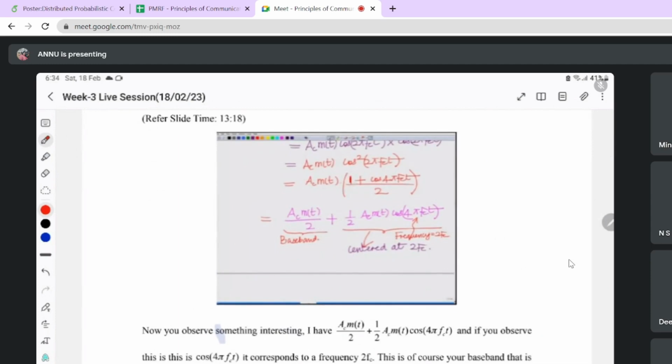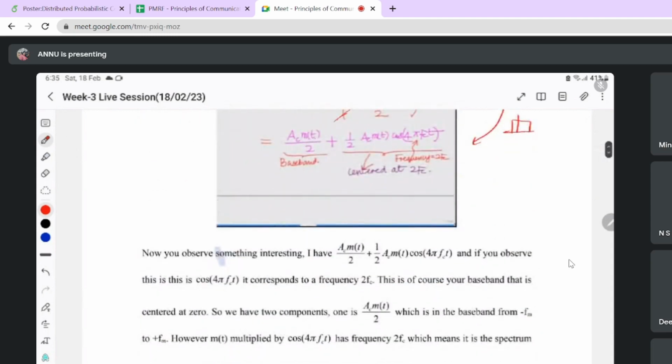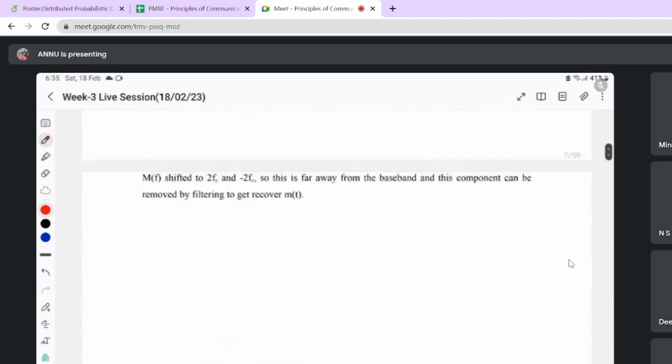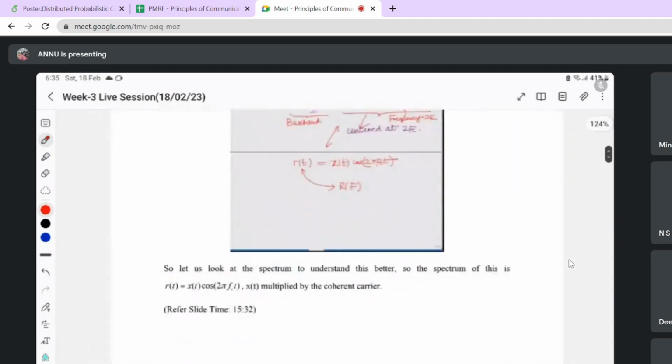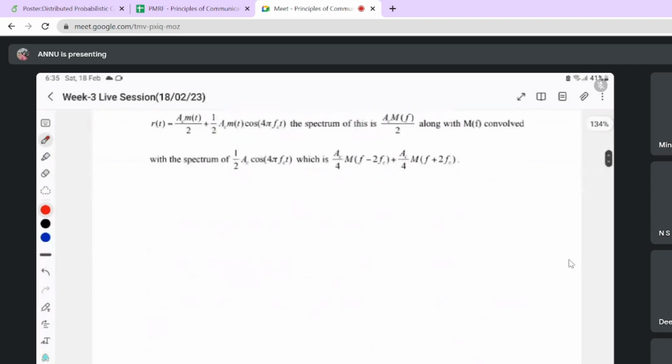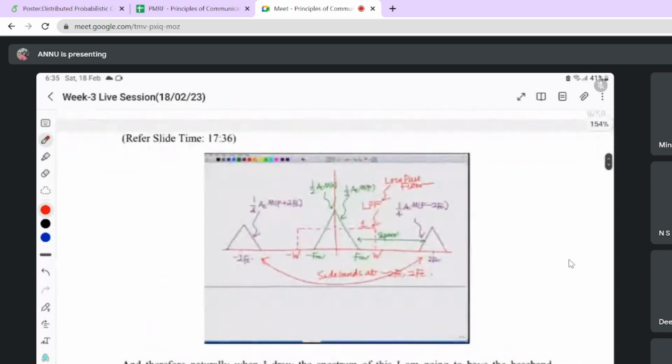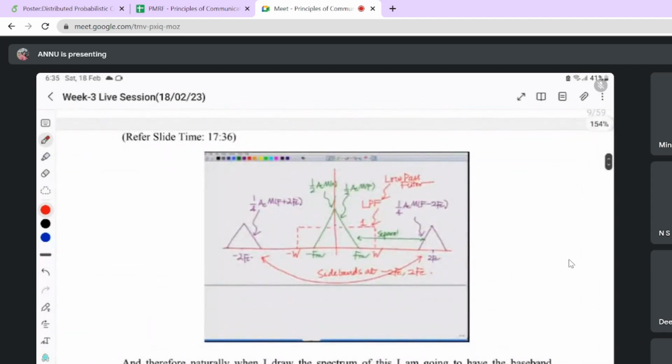These DC terms correspond to M(t), and that's why we require this, and we are getting this particular baseband signal. So using a low pass filter, LPF, you will get the M(t) baseband signal, and using some amplitude scaling you can remove AC by 2. So this is the M(t) signal you are getting. So what does this particular thing say?